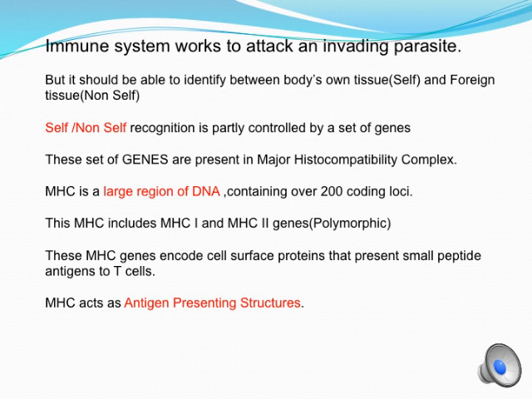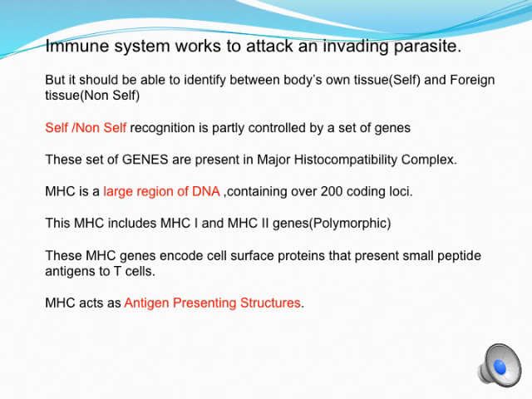Now if I need to define what is MHC, then I can say that MHC is a large region of DNA. It spans about 4 million base pairs in humans. Please mark it importantly. It spans about 4 million base pairs in humans and contains nearly 200 coding loci.